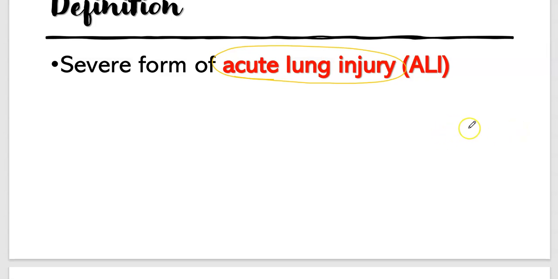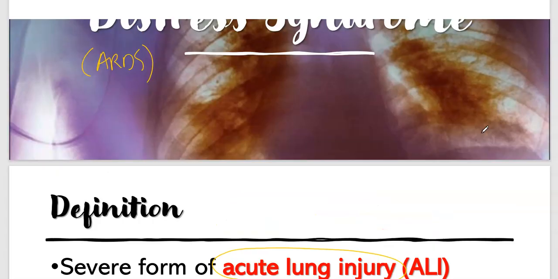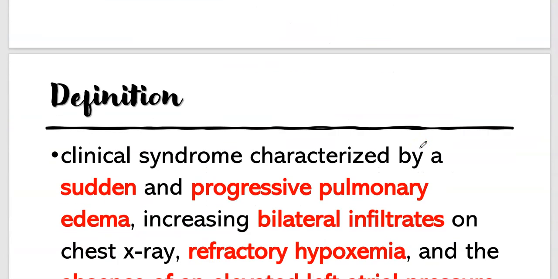But this one here, acute respiratory distress syndrome, when we say syndrome, again, it's a collective term for a group of signs and symptoms without a specific treatment. I mean, without a specific cure. Okay, now let's go to your definition.